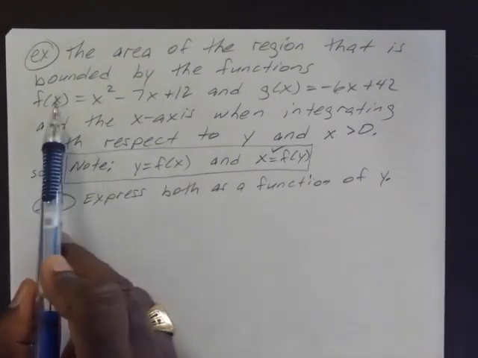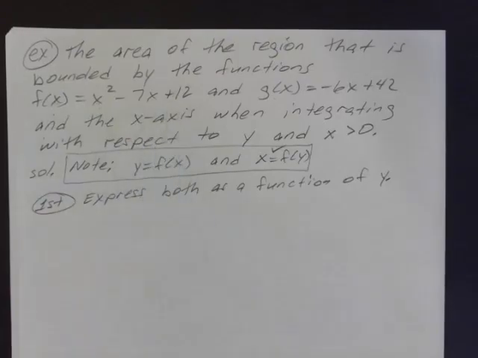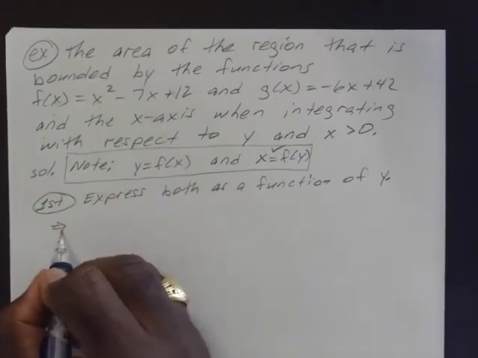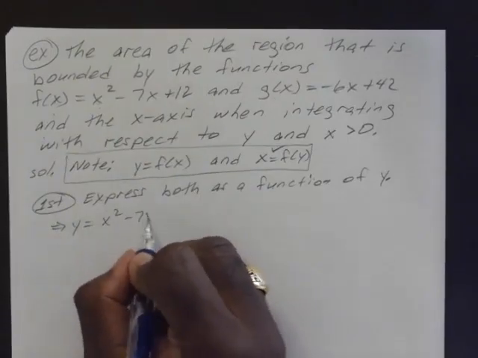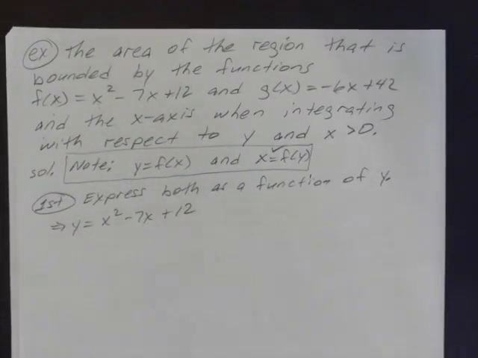So instead of f of x equals x squared minus 7x plus 12, we're going to write that as y is equal to x squared minus 7x plus 12.